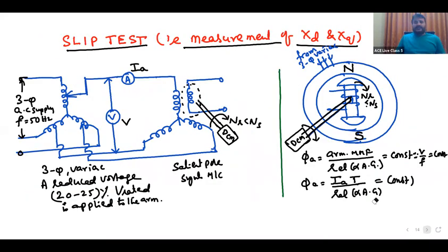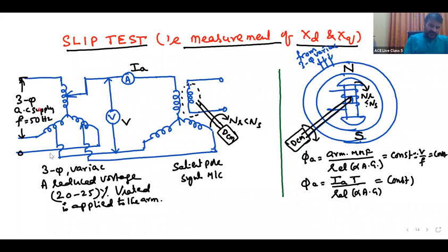Okay. See, dear students, this is the circuit diagram to measure the XD and XQ. This is a three-phase variac. Three-phase variac means an auto transformer.